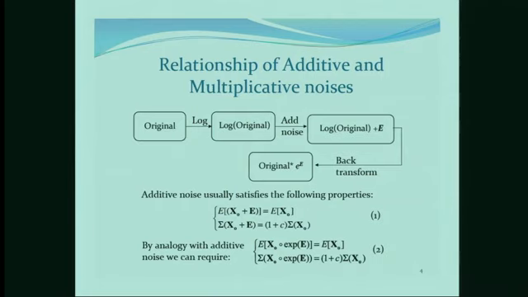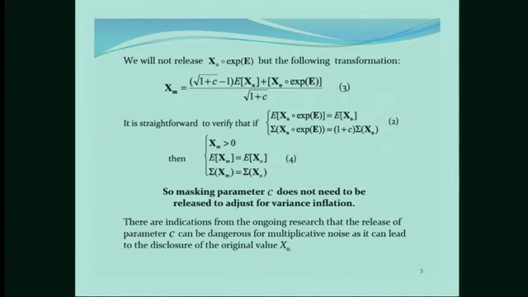If we transform original data to the log scale, then we add noise, maybe normal noise, to the log-transformed data, and then we do the back transformation by exponentiation, we get original data multiplied by the exponent of noise. So by analogy with additive noise, we can require that the desirable properties of additive noise would be satisfied for multiplicative noise.